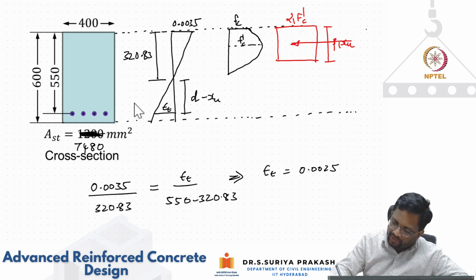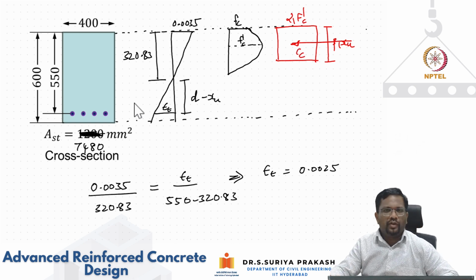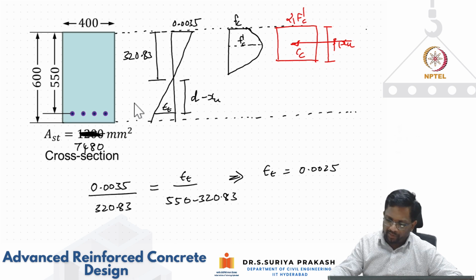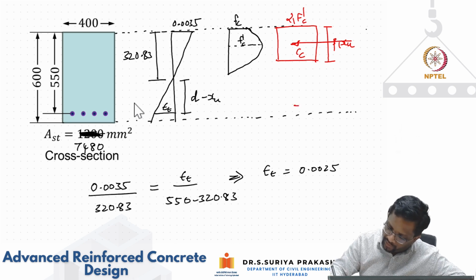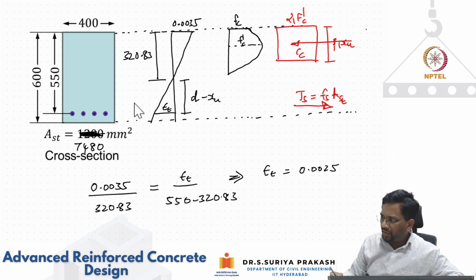Cc is nothing but alpha 1 f'c beta 1 Xu multiplied by b. Similarly, I have a tension force here, which is Ts, nothing but Fs multiplied by Ast. So this is your force diagram.